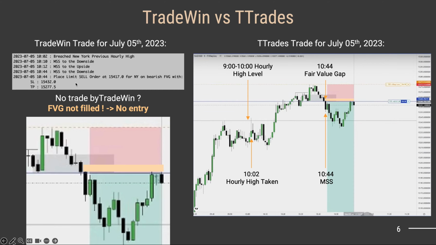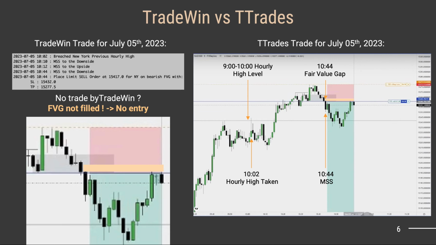But the problem is that it seems that TradeWin did not take any entry. Why is that? That's because the plan was not triggered. That's all. As you can see here, I zoomed out, sorry for the low quality. We had a fair value gap below the market structure shift, which is at 10:44, exactly as stated by TTrades here.